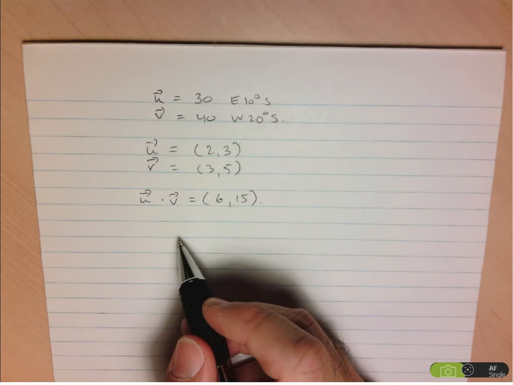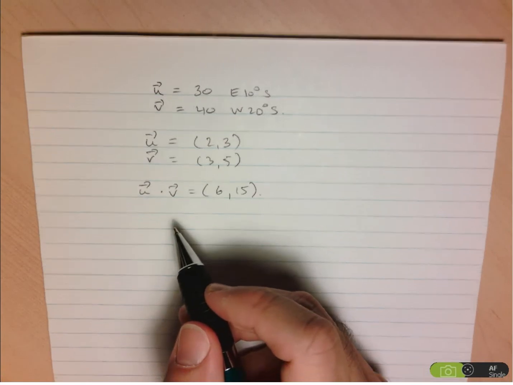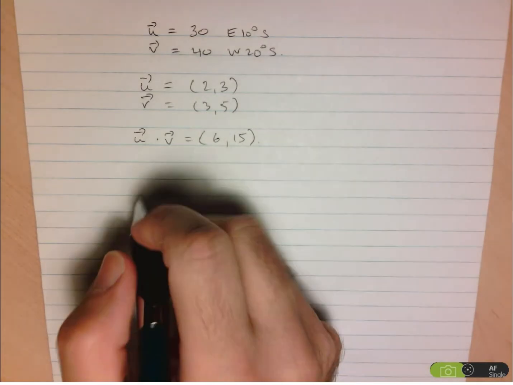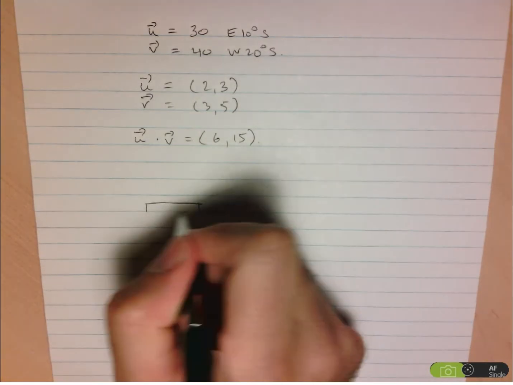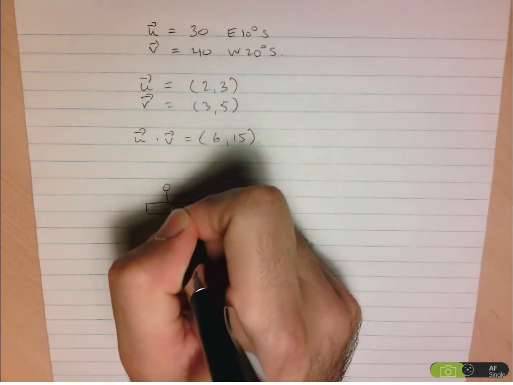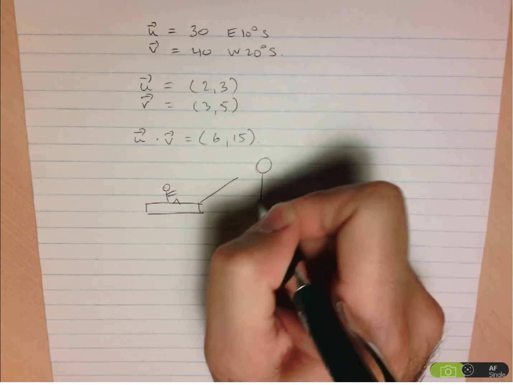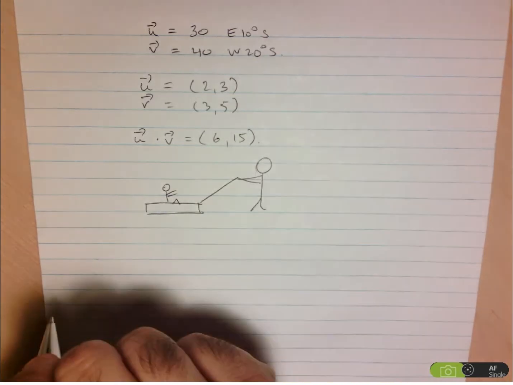What we're going to use as our motivation to come up with a definition for multiplying vectors is, as we've been doing right from the beginning, to go back to a physics problem. I want you to consider the physics problem of, say, a kid in a sled that's being pulled by someone.